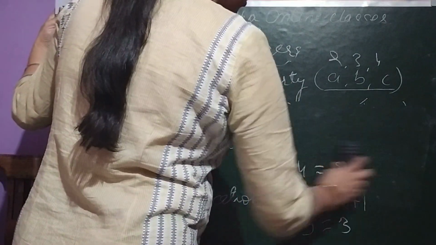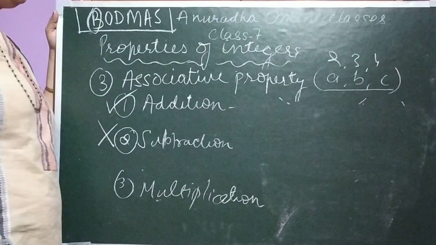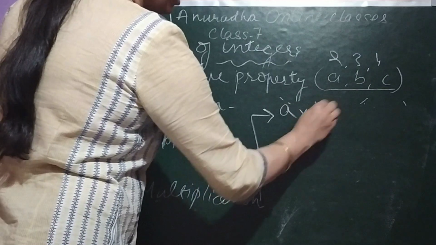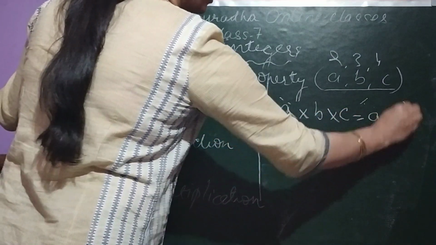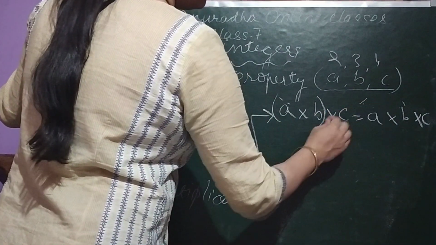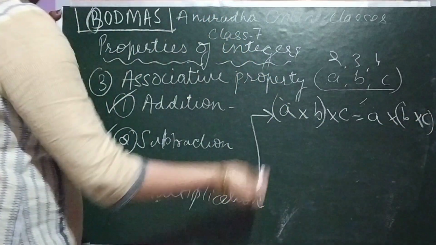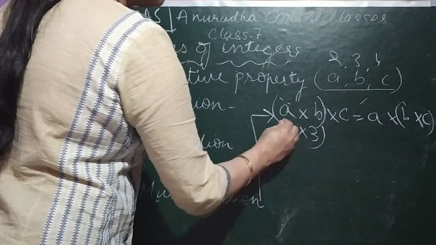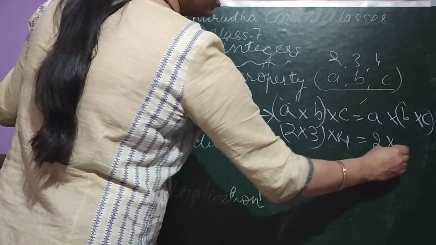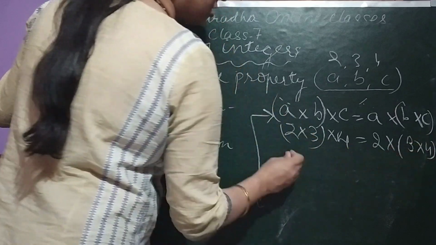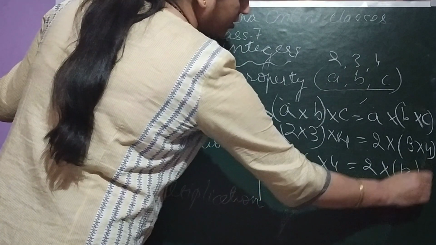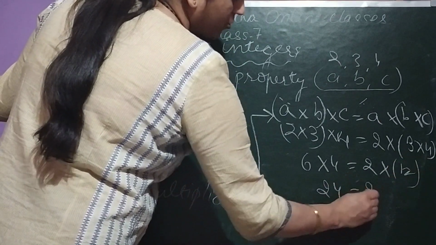Now let us see the third one, that is multiplication. Multiplication I am doing over here: (a into b) into c is equal to a into (b into c). Firstly, we'll make this one group and secondly, we'll make this group. (2 into 3) into 4 is equal to 2 into (3 into 4). 2 3s are 6, into 4, that is 24, and 2 into 12 is also 24.